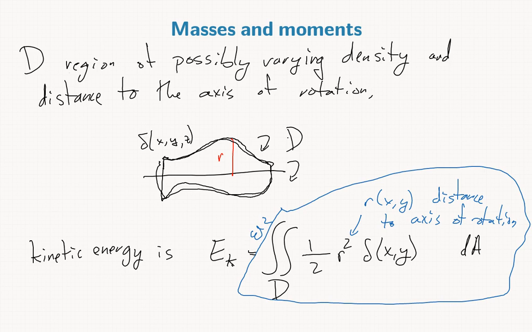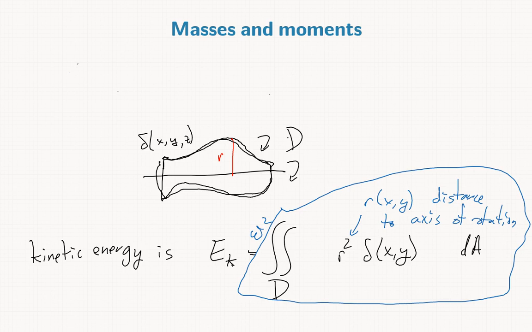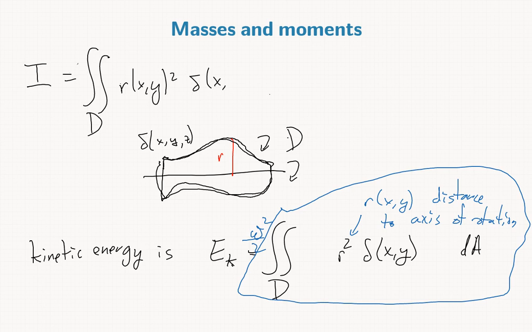This is what we call, not that entire integral, but we'll also pull out the 1/2, so the integral over D of r of xy squared delta of xy.